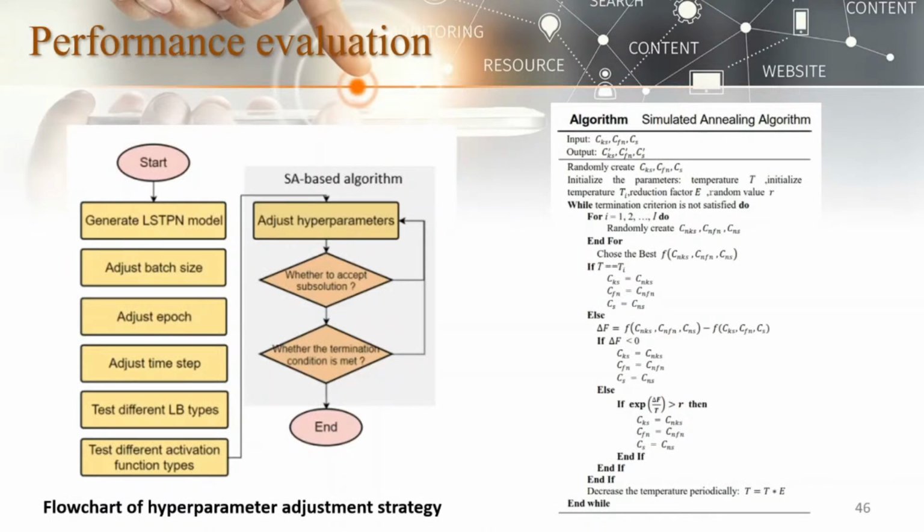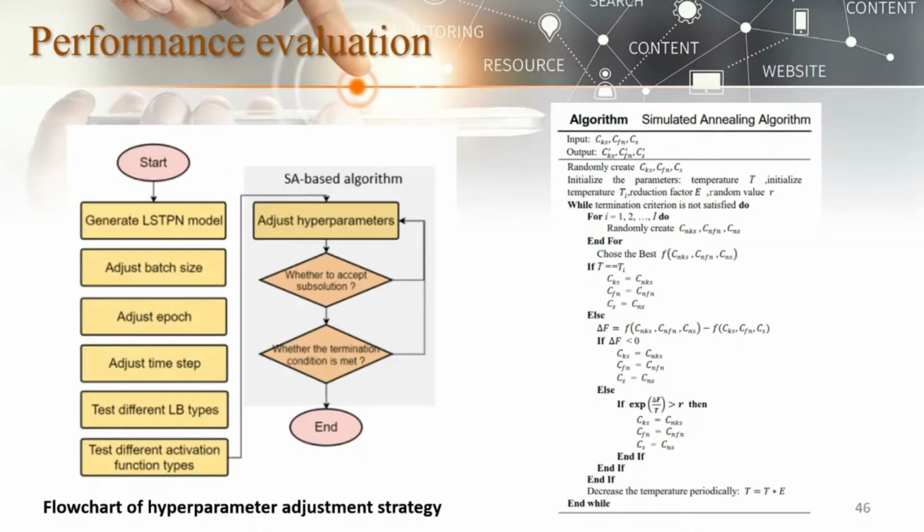Furthermore, in order to optimize the prediction performance and reduce the parameters of neural networks, we also use a meta-heuristic algorithm to adjust the hyperparameters.